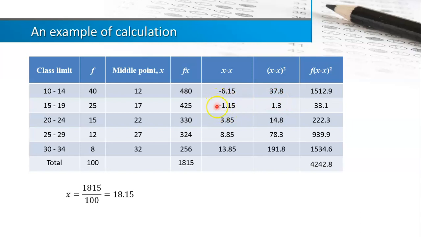Once you get the difference between the midpoint and the mean, you should get negative 1.15. You square it, 1.3. So 1.3 times 25, you get 33.1, and so on. So you add all of this and you get 4,242.8. That is the sum of squares.